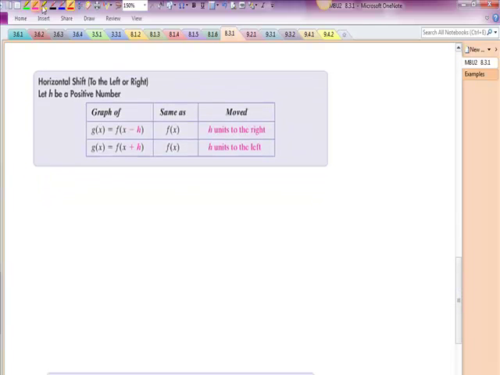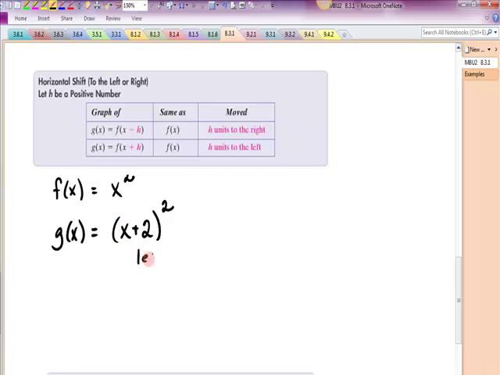So, as an example, suppose you have f of x is x squared, and let's look at g of x. Suppose it is (x plus 2) squared. All right, now when I add 2, it's going to go to the left.